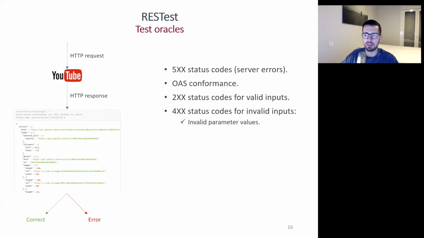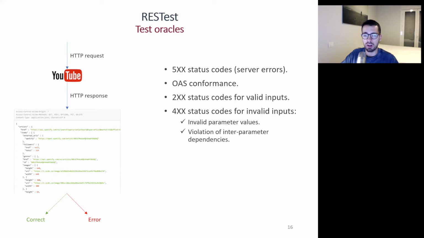Inputs can be invalid because of two reasons, either because you're using invalid parameter values, like for example, using a string parameter for a parameter that only accepts integers, or because you're violating one or more interparameter dependencies of the web API operation.